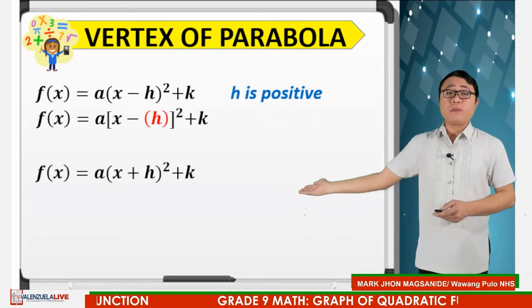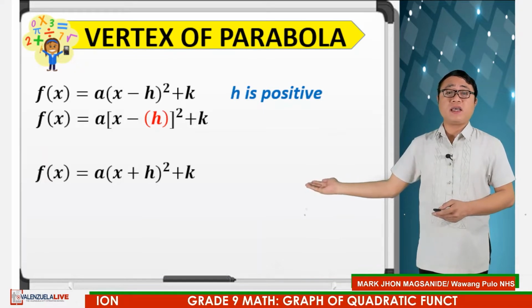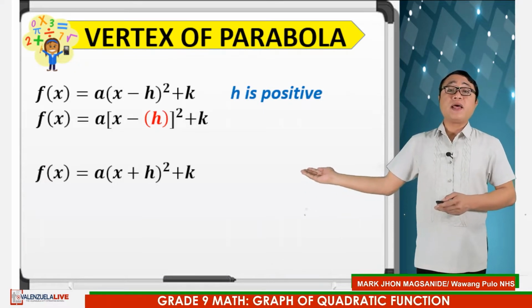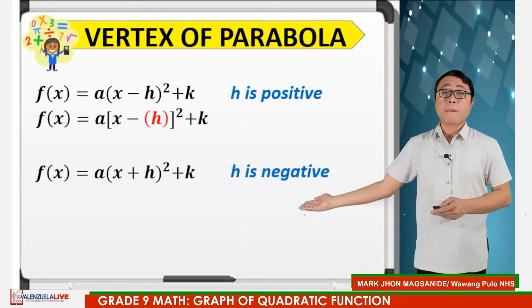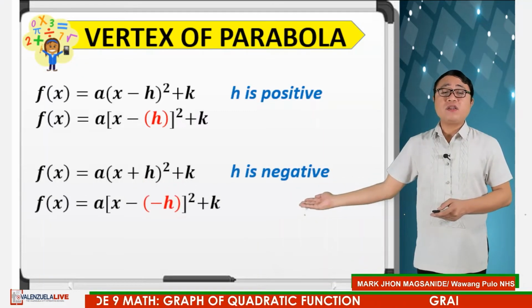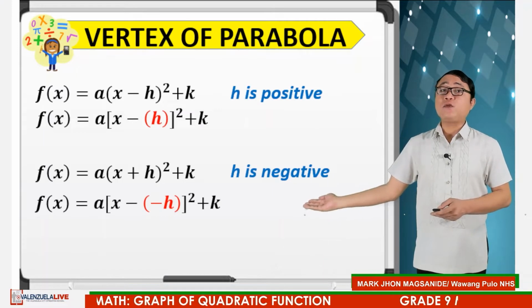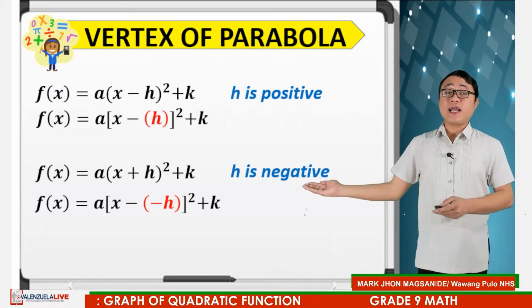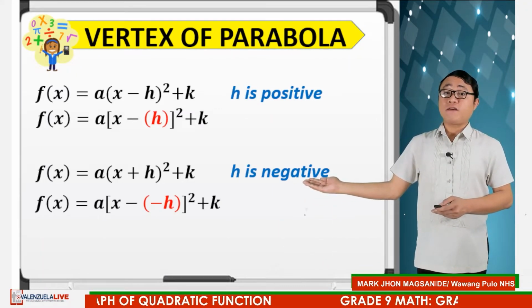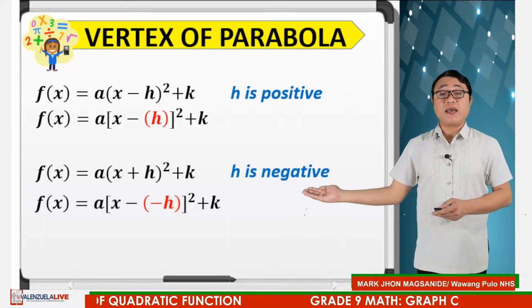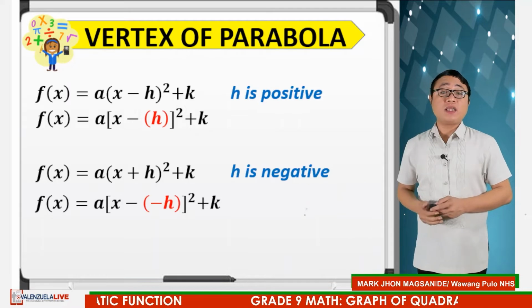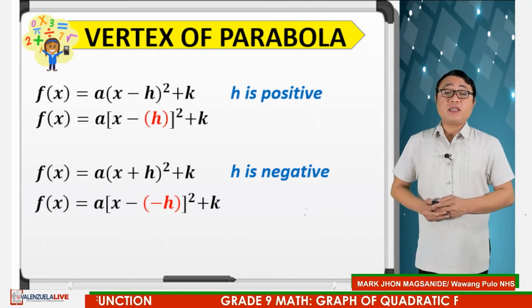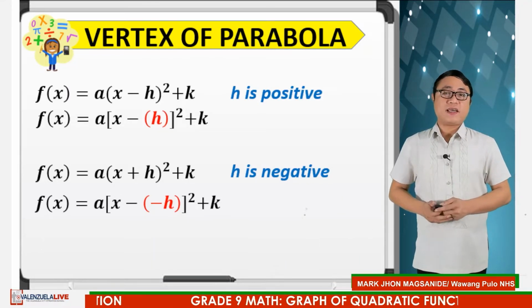And in this form, if the binomial is x plus h inside the parentheses, we will rewrite this as x minus negative h. That is why h is negative if the quadratic function in vertex form is f(x) is equal to a multiplied by the quantity (x plus h) squared plus k.